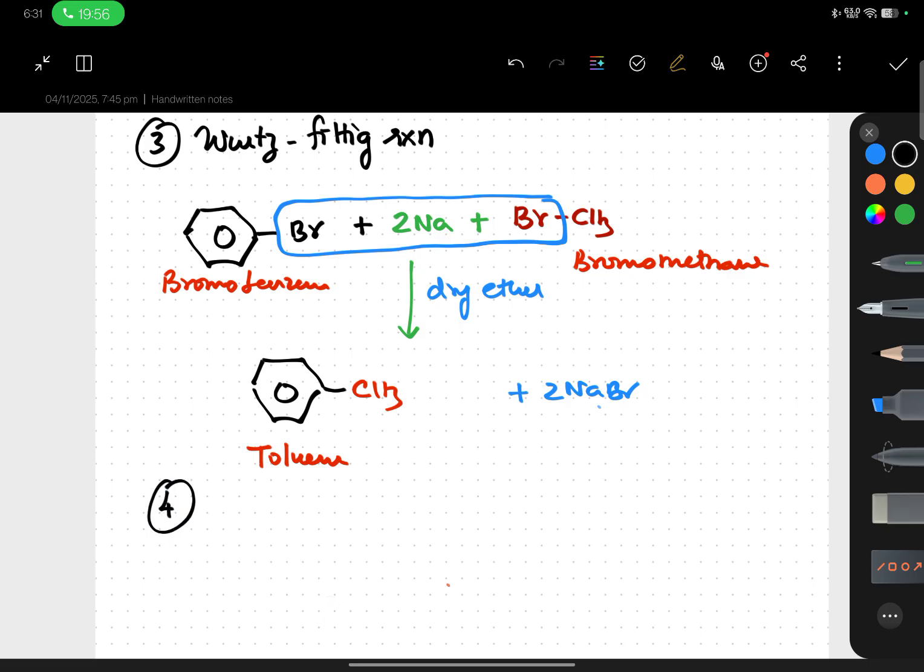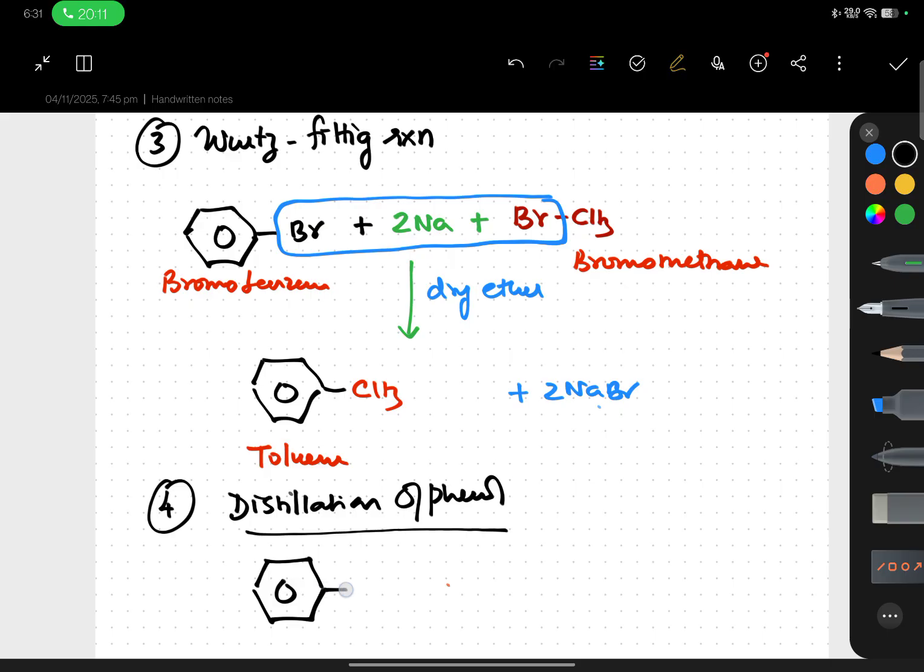Similarly, there is another reaction which is called distillation of phenol. You have to do nothing, just take the benzene ring with OH. You have to just add zinc and do continuous distillation.